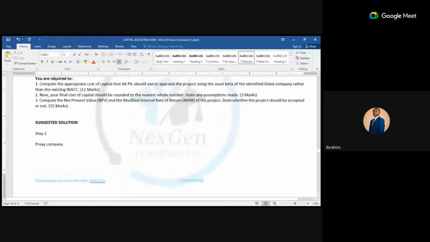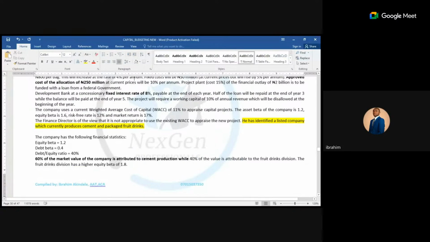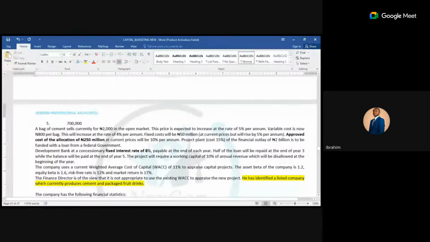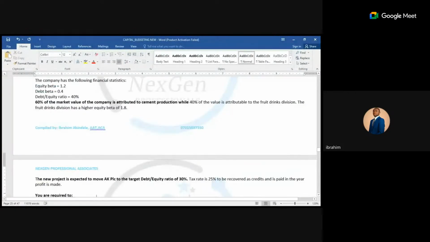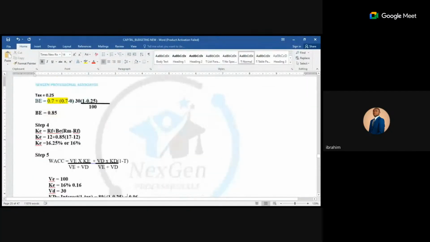Quickly, we don't have time. Variable cost. Okay, thank you. Variable cost is now 800 naira per bag, right?